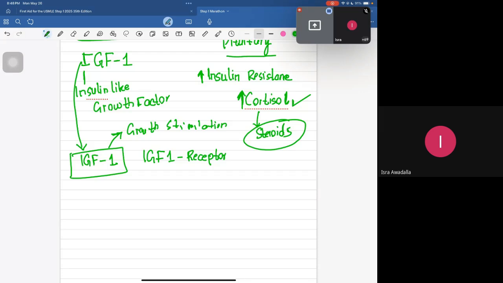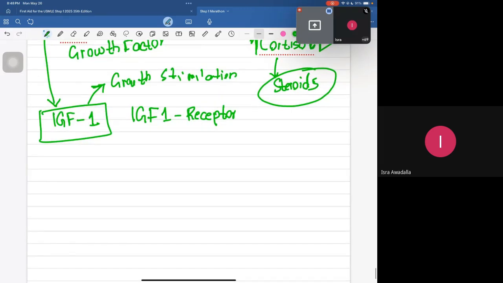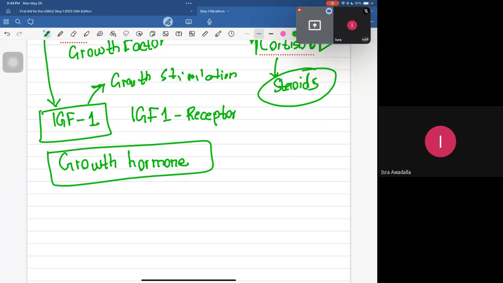Now, one other thing that is important here is what things cause the secretion of growth hormone? How is growth hormone secretion controlled? Every hormone has regulatory mechanisms, and we are going to see the regulatory mechanism of all hormones. So keep all of these mechanisms in your mind. Whenever a patient is sleeping, that is going to increase growth hormone, right?